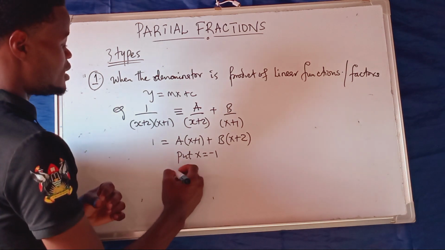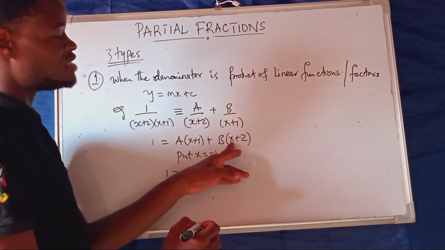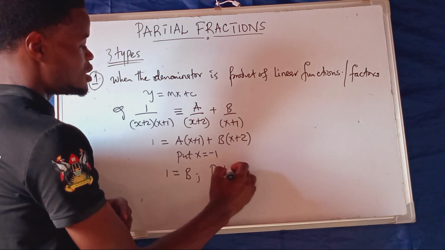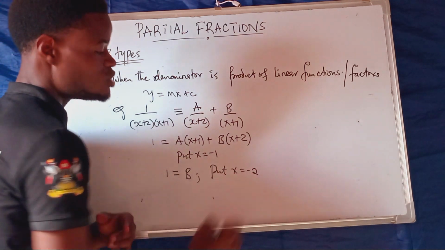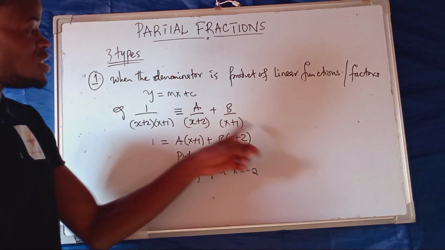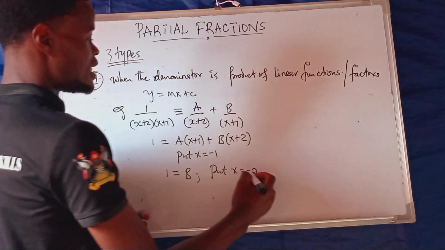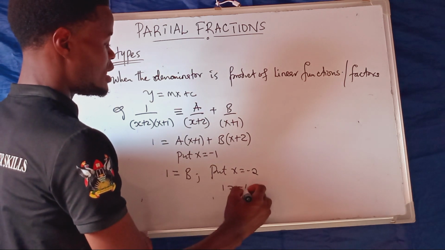Now I have 1 is equal to negative 1 plus 2, so my B is 1. Then I put x equal to minus 2. Why am I putting minus 2? I want to eliminate this and solve for A. So I have minus 2 plus 1, which is minus 1, so 1 is equal to minus A.